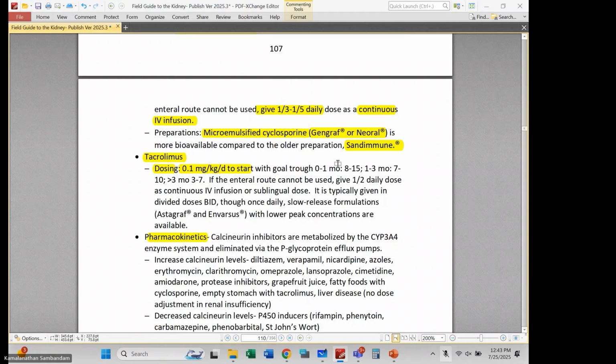Okay. Again, there are various levels that a center may choose. You can say that a usual therapeutic range is somewhere around 5 to 8. 3 to 7 comes from an important study that you should be aware of called the Elite Symphony trial.